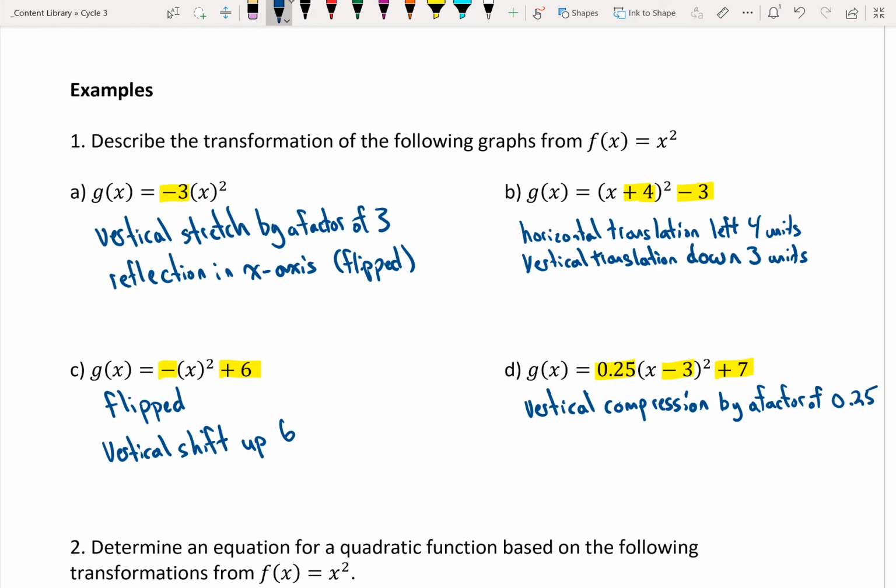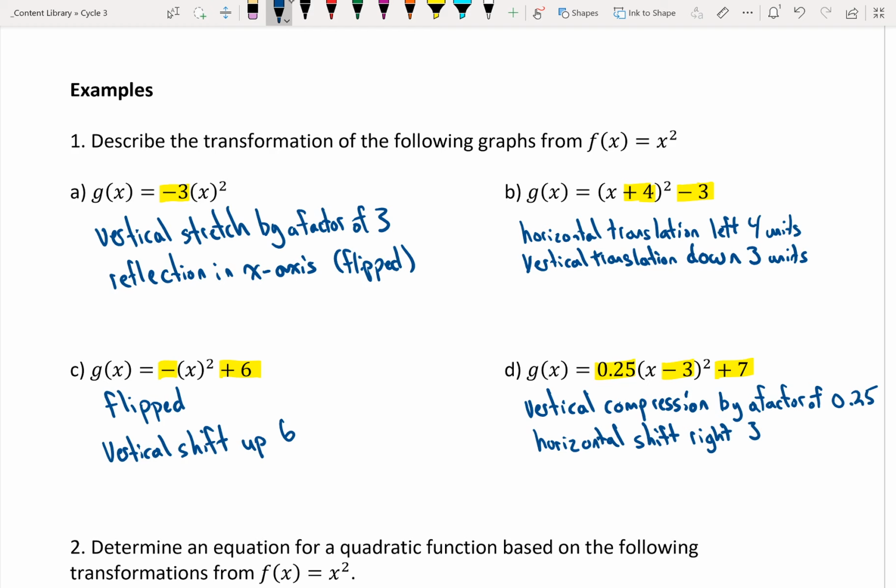We have a horizontal shift because we have an H value. So a horizontal shift of, we need the direction. Because we see the negative in the brackets, that's actually a positive value. So that means we have a horizontal shift right in the positive direction. You could say right 3.